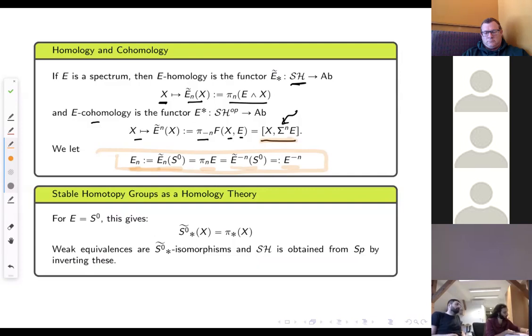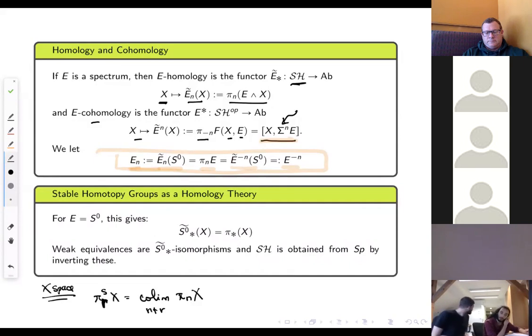Now, the stable homotopy groups. I guess I didn't define these. If X is a space, the stable homotopy groups of X are the colimit over R of pi n plus R of the R-fold suspension of X. Once you put X into spectra and think of stable homotopy groups, it's actually a homology theory, the homology that the sphere represents.